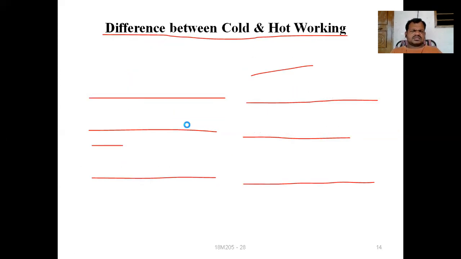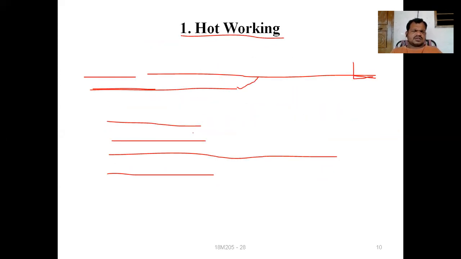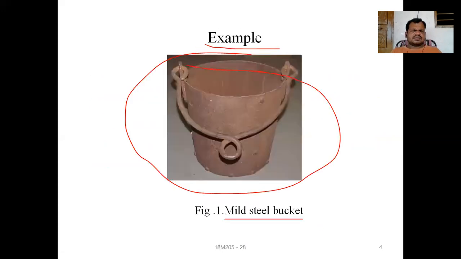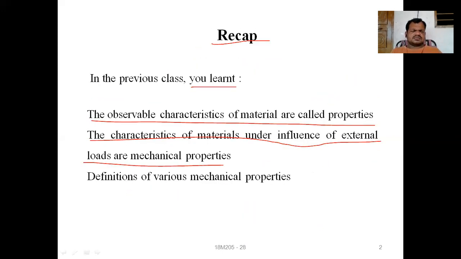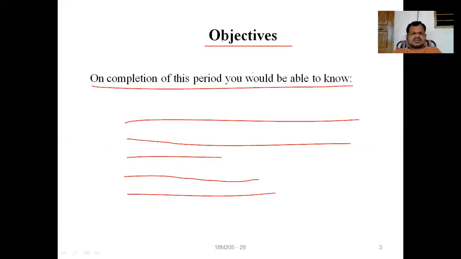Again, we can discuss an overview of this topic. Recap: in the previous class we learnt that the observable characteristics of material are called properties. The characteristics of material under the influence of external loads are mechanical properties, and the definition of various mechanical properties, and objectives.